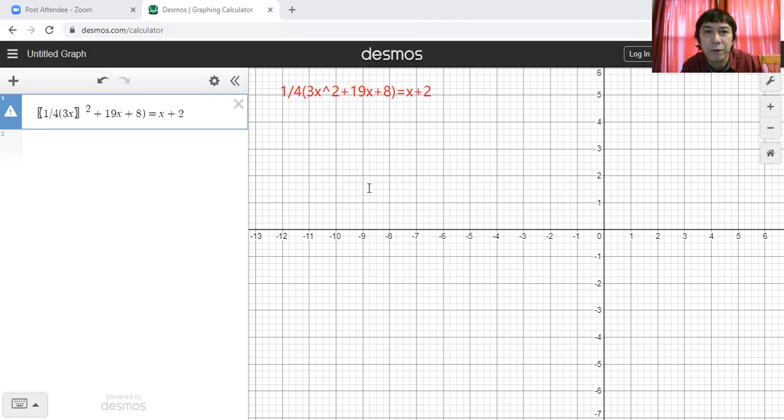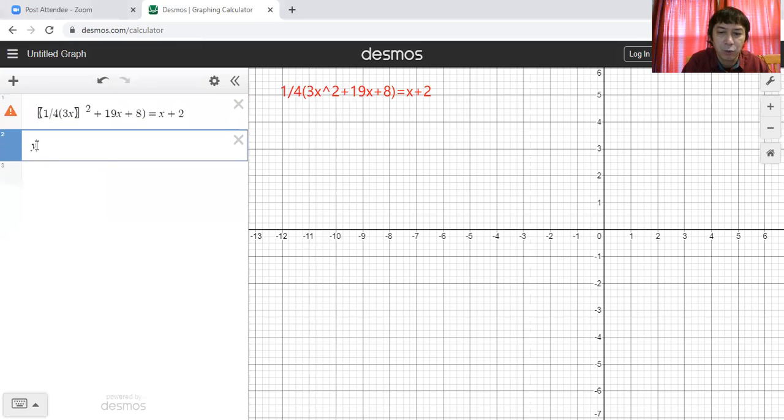So we have 1/4 times the quantity 3x squared plus 19x plus 8 is equal to x plus 2. All right, let us now graph the left side and the right side. So we have here y is equal to the left side.